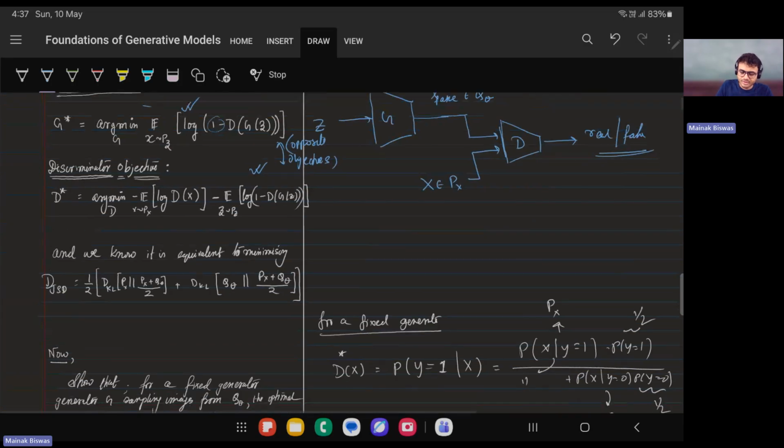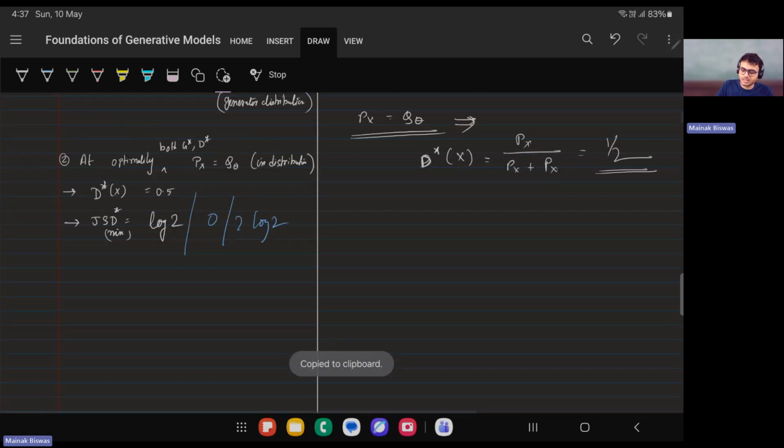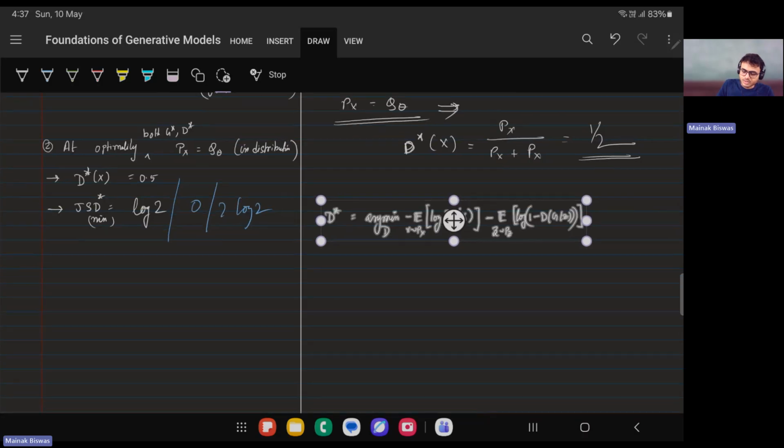So if you optimize for this, you consider this as your objective, because remember that we have dropped the log 2 in the equation. We had a 2 log 2 term. Now if I put this equal to 0.5 and this equal to 0.5, what do I get?